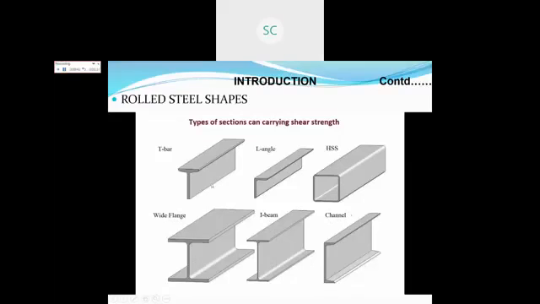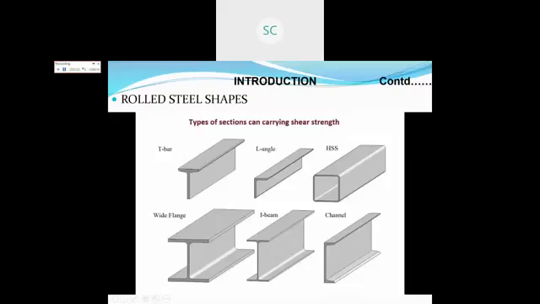Actually, these rolled sections are manufactured by companies like Tata Steel and Jindal Steel, as per the Indian Standard Code. Suppose you have this I section, I beam: the flange width, web depth, total depth, web thickness and flange thickness are specified for each particular I section as per the Indian code.